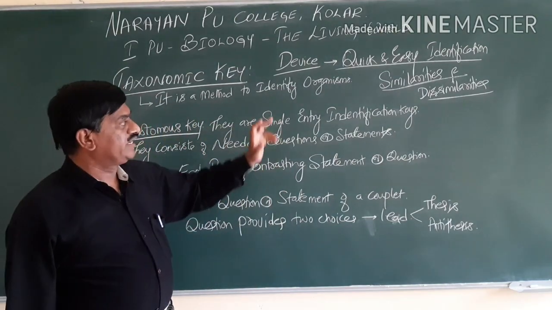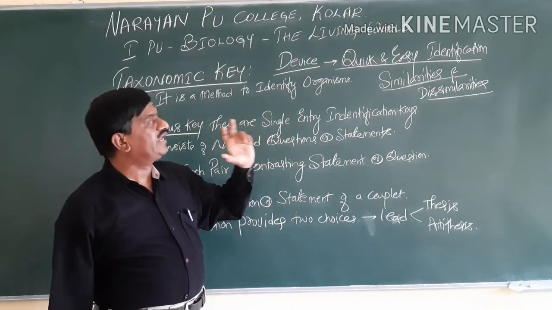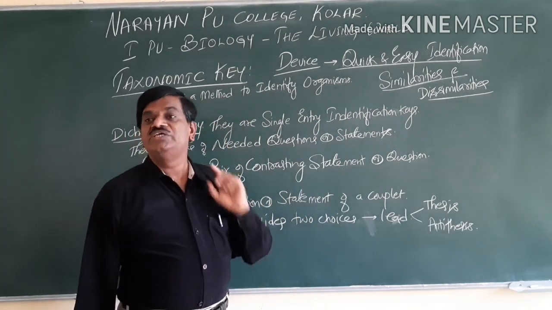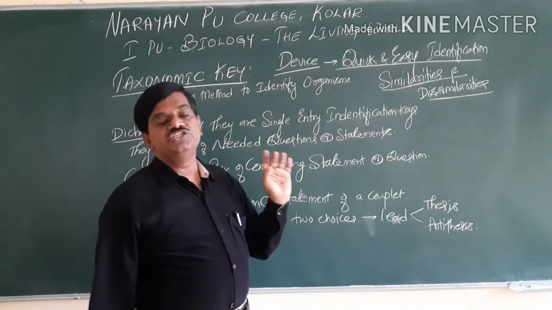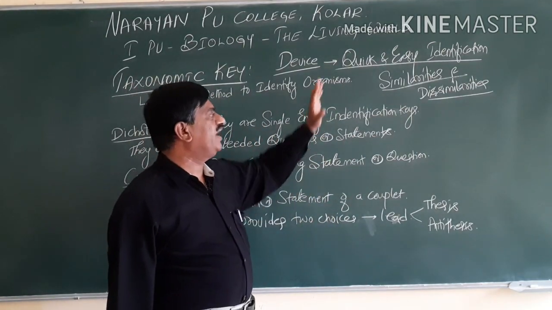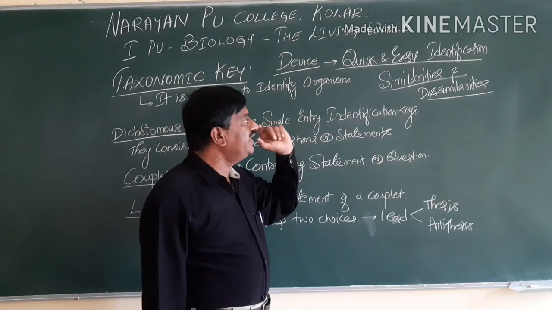So based on the similarities and dissimilarities, we prepare a card. By seeing that card, we can easily identify the family, class, genus and species, and it can be easily collected and studied.